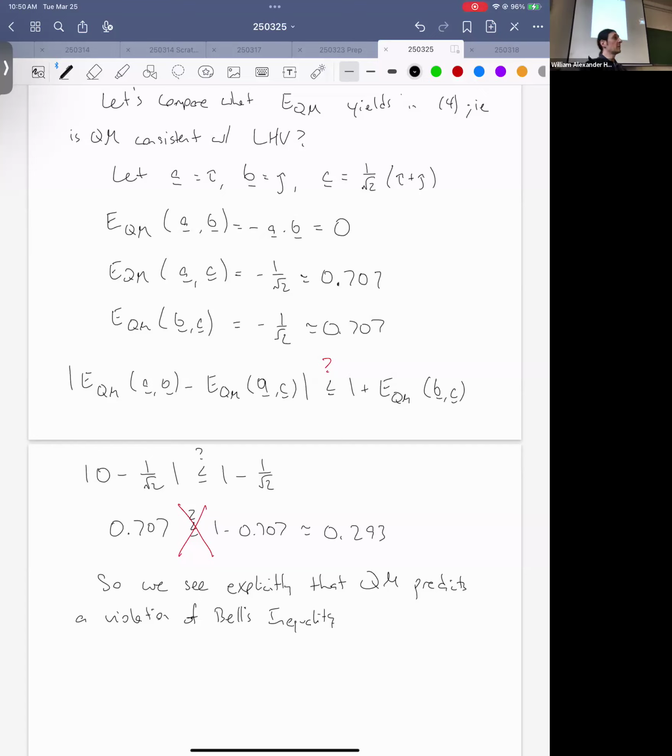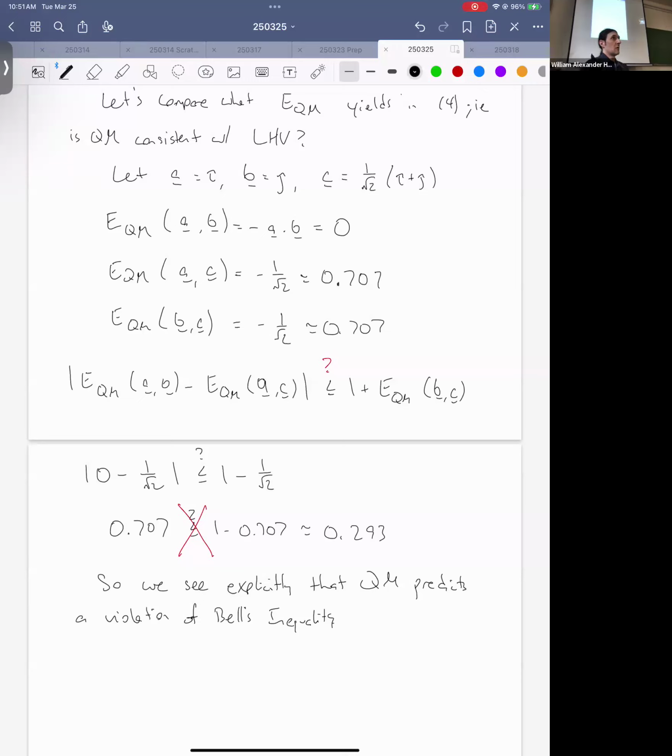So what do you do? You just go out and make the measurement. You measure a bunch of spins along one direction, a bunch of spins along another direction, a bunch of spins along a third direction. What is the correlation? And the correlation is in agreement with quantum mechanics and in violation of Bell's inequality.